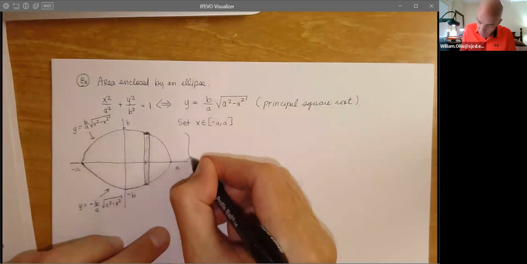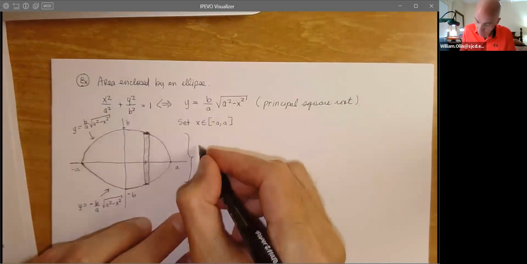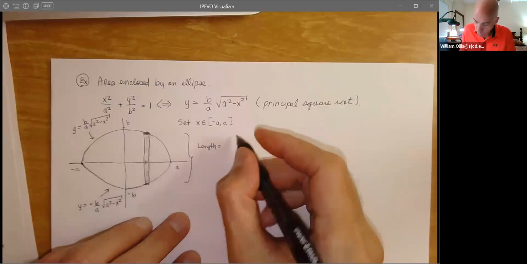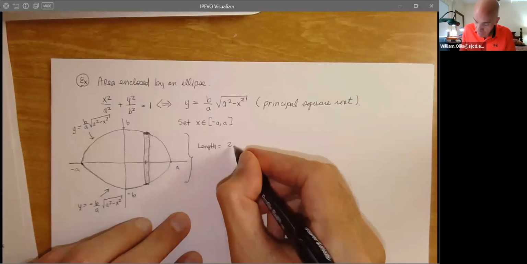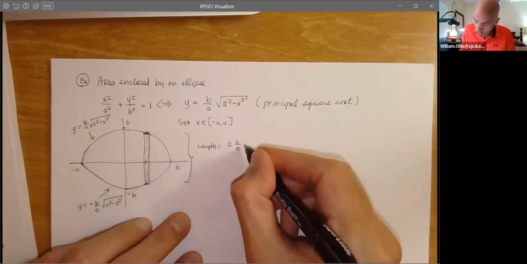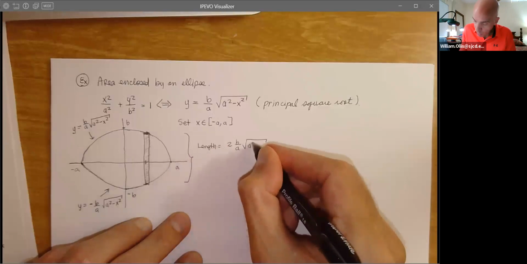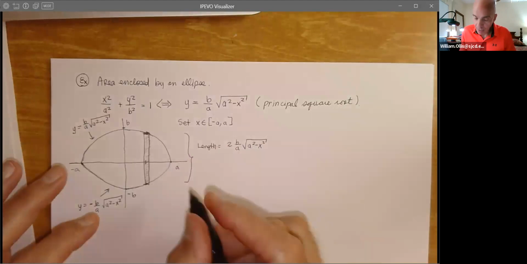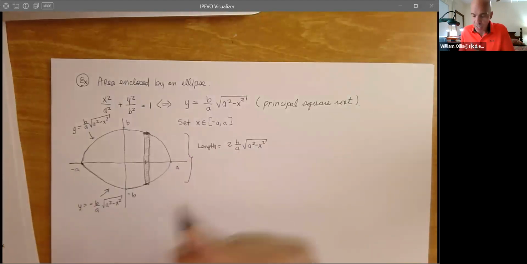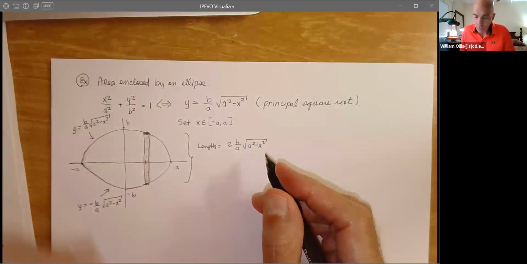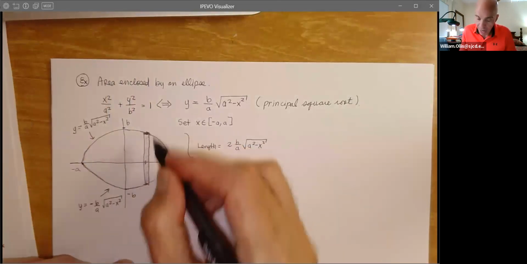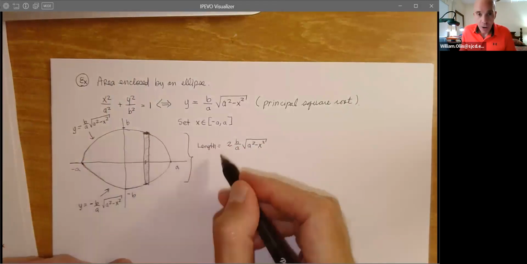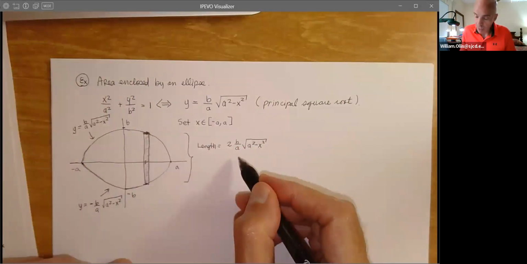So we can get the length here, in this case, length equals 2 times b over a square root a squared minus x squared. Okay, so again, this is where we're not really trying to use any symmetry. We're just going to pan all the way across and basically have the square root minus the additive inverse, which gives us 2 copies. So this is how we can set up the area calculation.